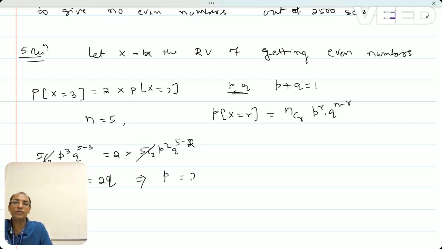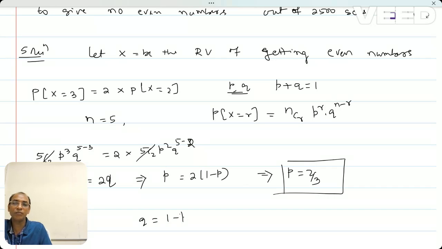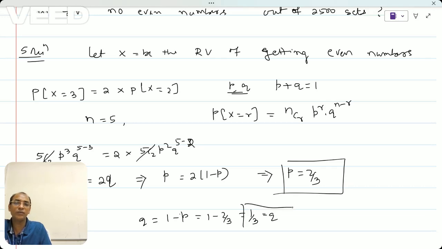So p equals 2 into 1 minus p, and from here we get p equal to 2 by 3. If p equals 2 by 3, q will be 1 minus p, which is 1 minus 2 by 3, and that is equal to 1 by 3. So this is the value of q.